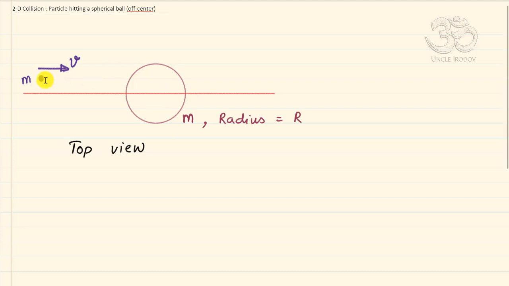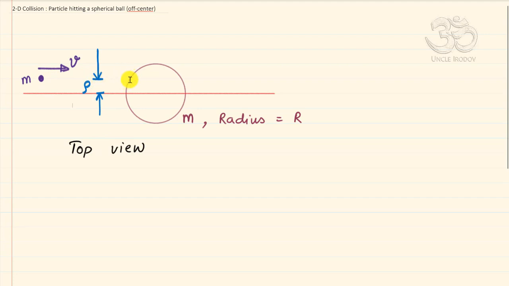The line along which the particle is traveling, this line is at a distance of rho from this particular central line that I have drawn here. So this distance here, in fact let me show you that distance in a different way. So this particular distance, this much, is equal to rho here, and this small object will come and it will go and hit this ball somewhere here.